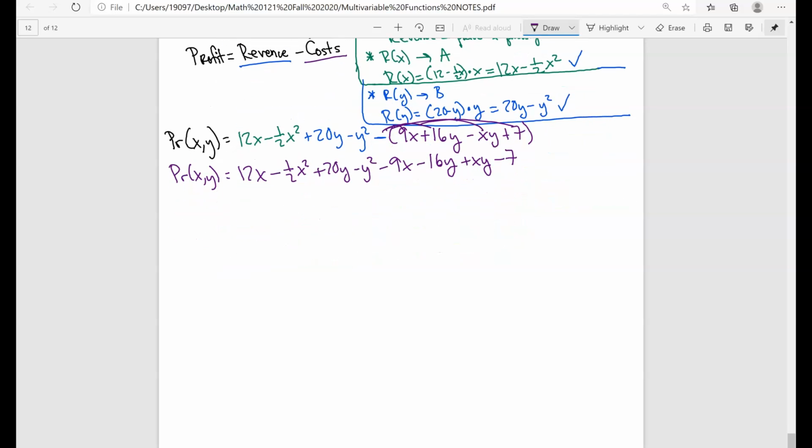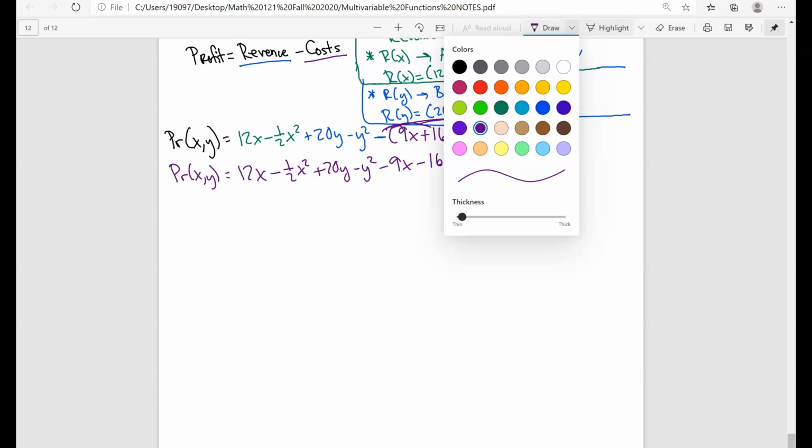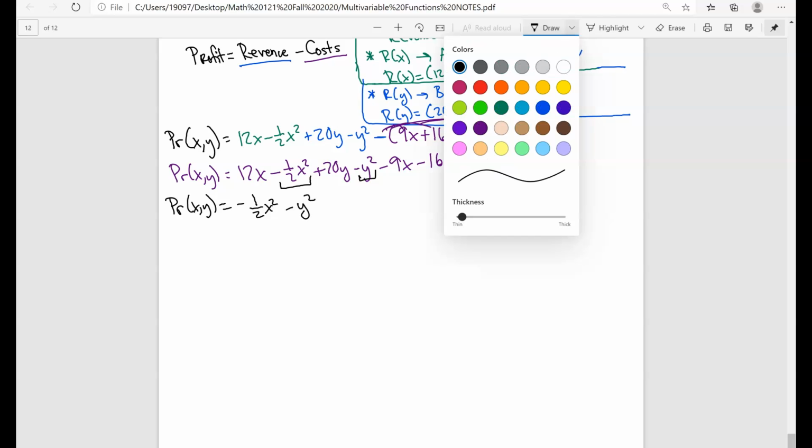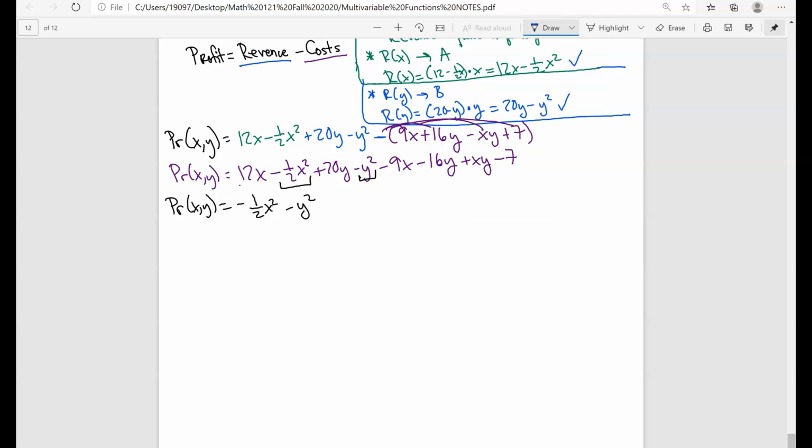Now I can combine like terms. For my profit function, let me start off with my square terms. I'm just going to write them down since I can't combine those two: negative 1/2 x squared and negative y squared. Now let me combine all of my x's. 12x and this negative 9x give me a positive 3x.